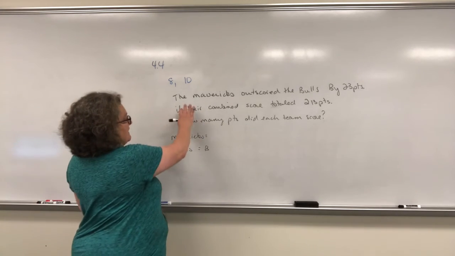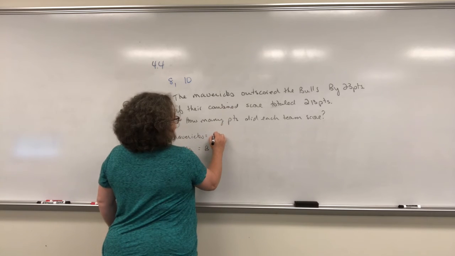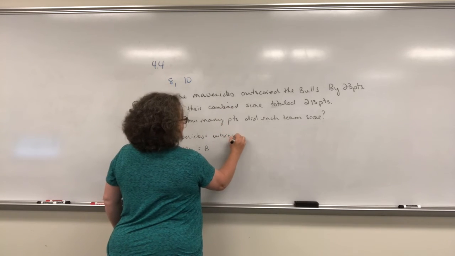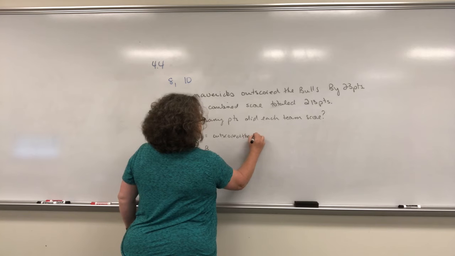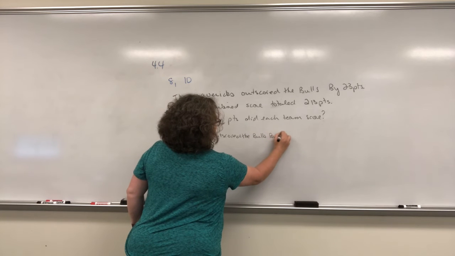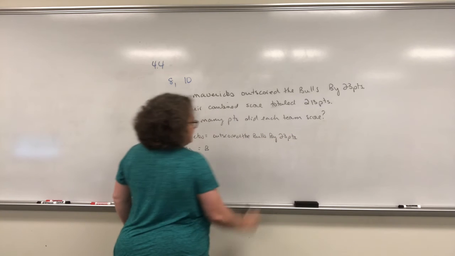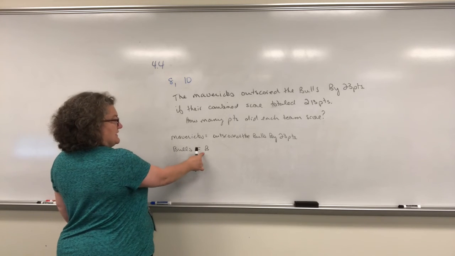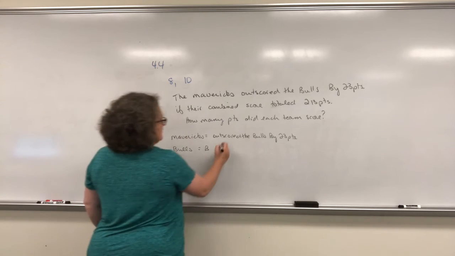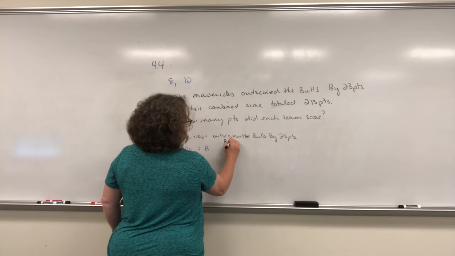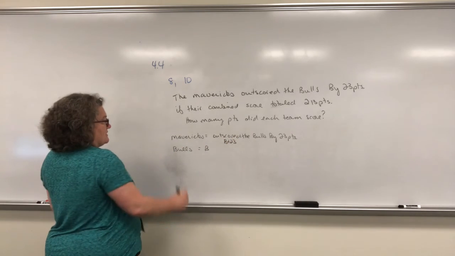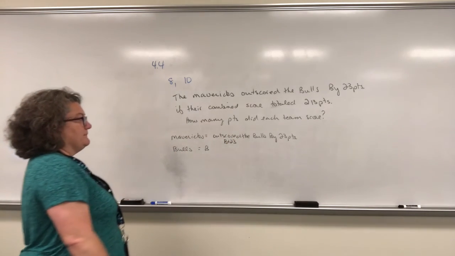It says the Mavericks outscored the Bulls by 23 points. What does that mean? It means whatever the Bulls got, they scored 23 more points. So the Mavericks are B plus 23.